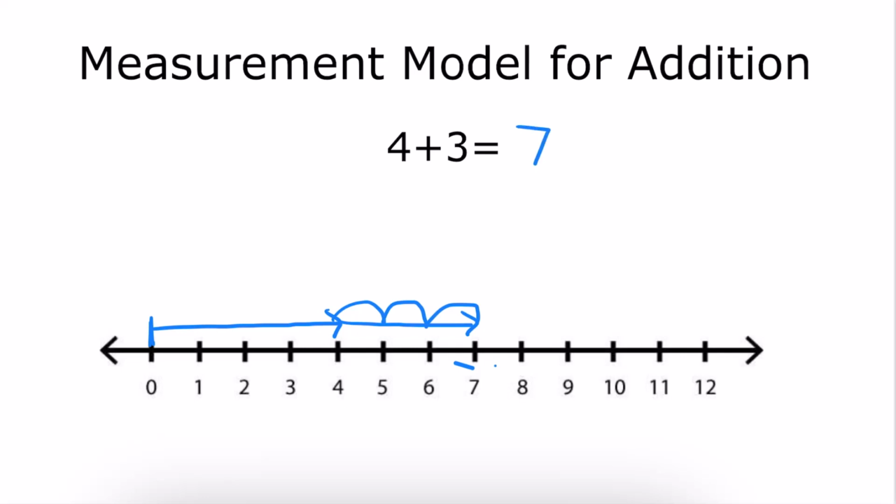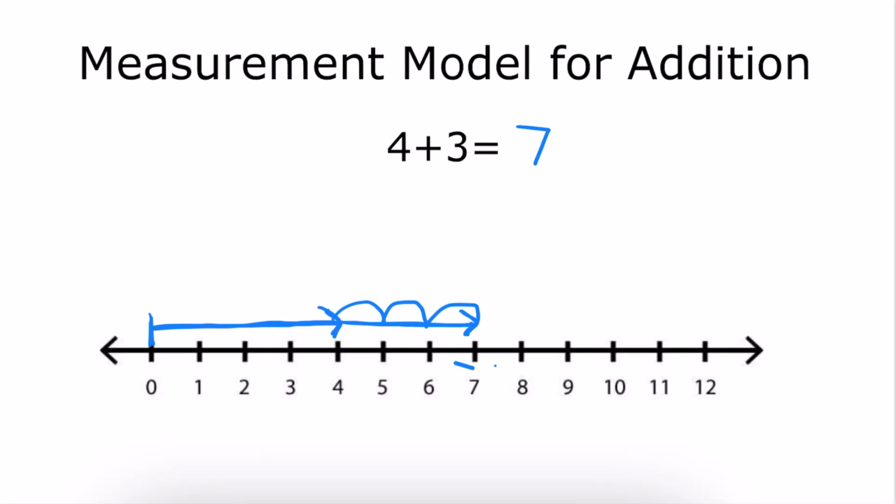Depending on the problems that you're solving with your students, you may want to use a set model where you use different objects and combine groups of objects together. Or you may want to use a number line model where you start at whatever number comes first and then add on to that. This is a helpful way of visualizing the idea of counting on.